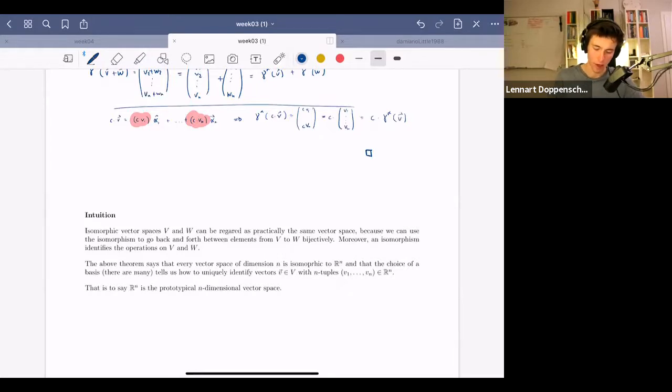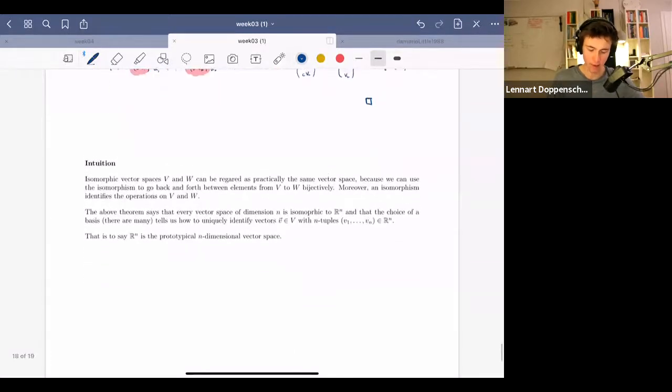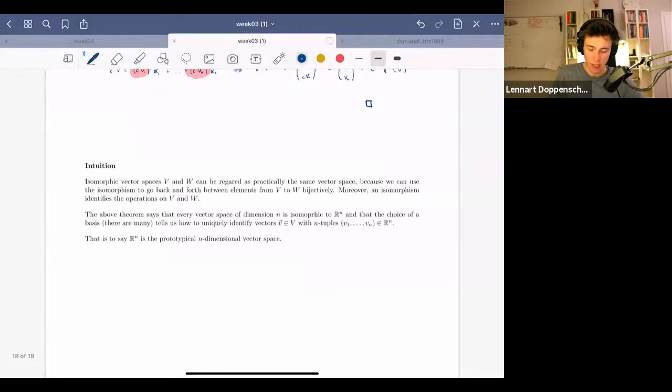We're going to exploit this more today, the idea that we can just work with Rn if we have an n-dimensional vector space. But the key is that an isomorphism uniquely identifies a vector with an n-tuple.